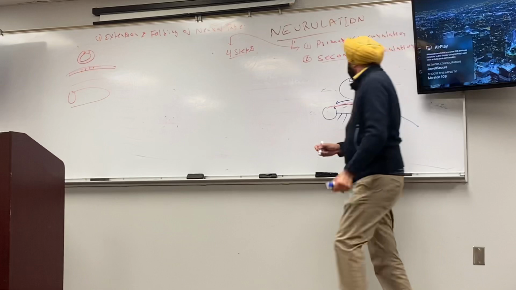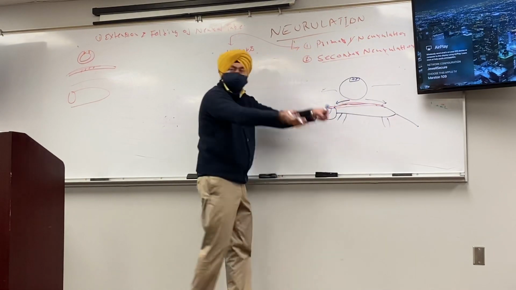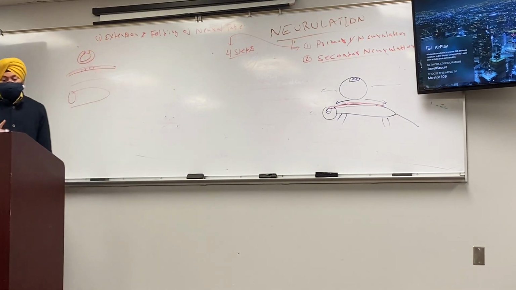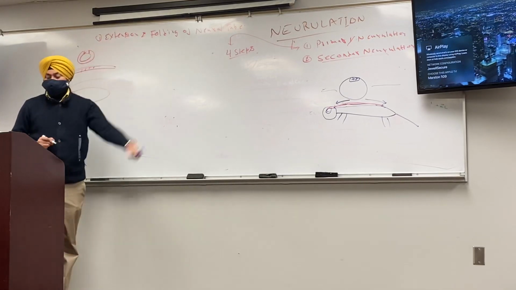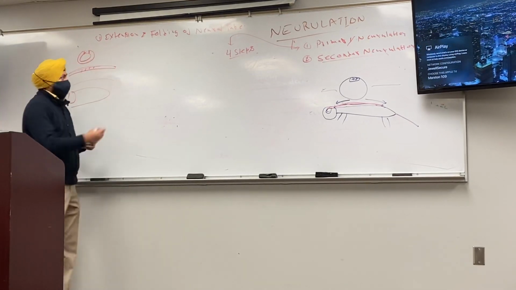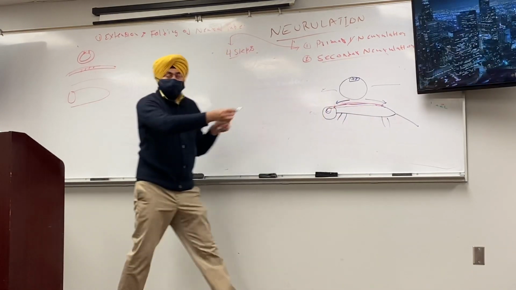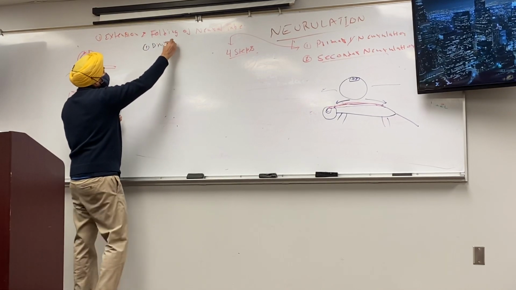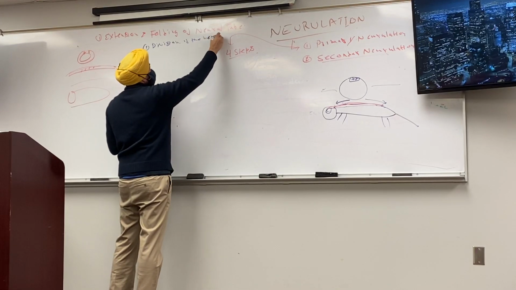If you think this is your brain right here and this is your spinal cord, this whole thing should come inside and fold. Now, the first step is what we are saying, extension and folding of the neural tube. So what happened? Extension. This is extending from here to the whole body. So that means what happened, the division of the neural plate cells.